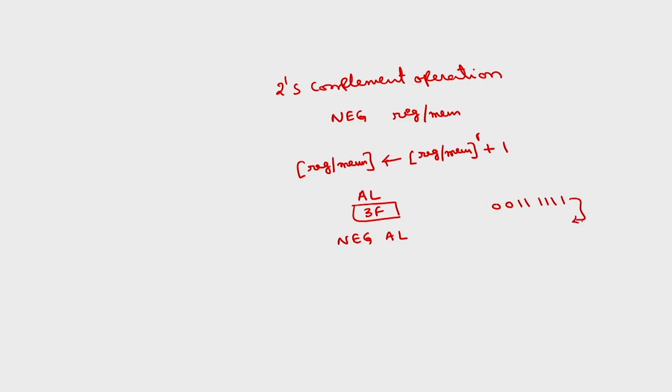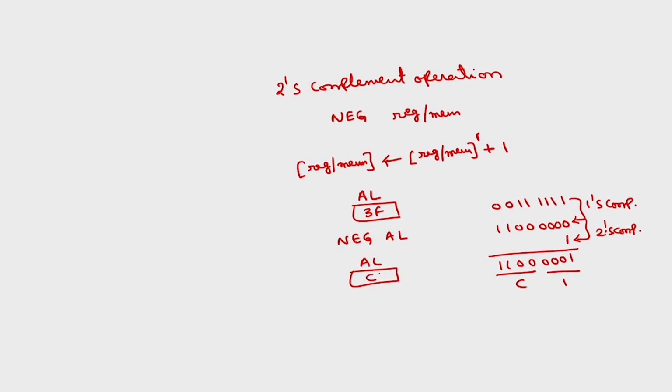The 1's complement will be 1 1 0 0 0 0 0 0. For the 2's complement, you have to add 1. So this becomes 1 1 0 0 0 0 0 1. This is C1. So the contents of AL become C1.